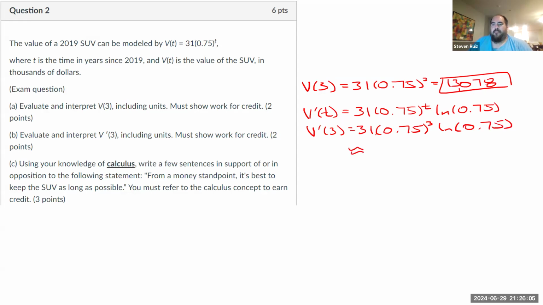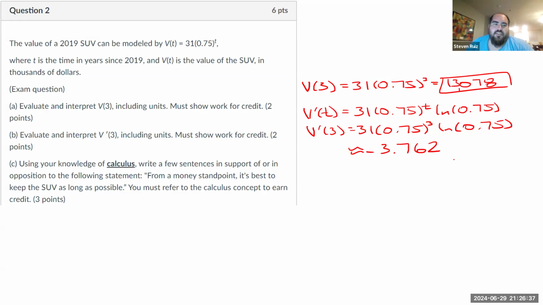And what does that come out to be? All right. I am getting a numerical value of negative 3.762. What does that mean? Well, this is a rate of change.